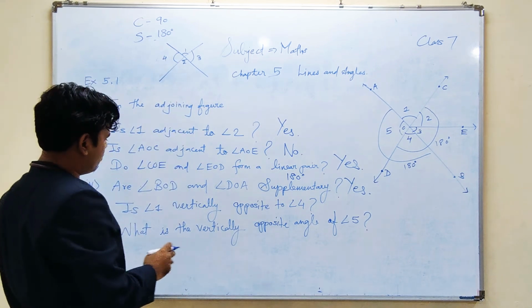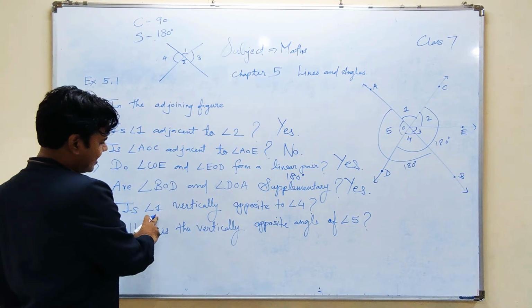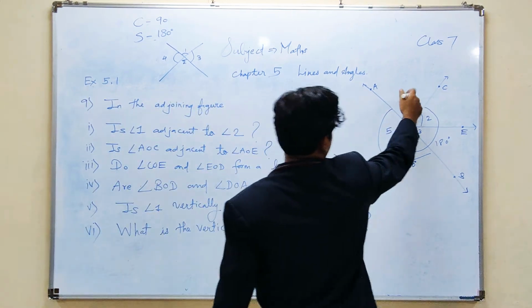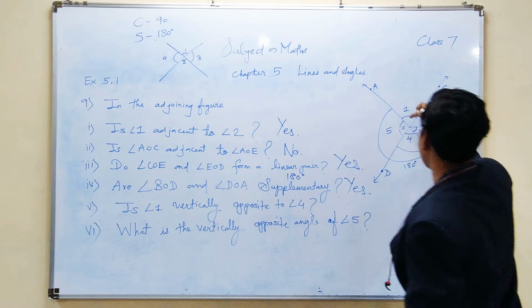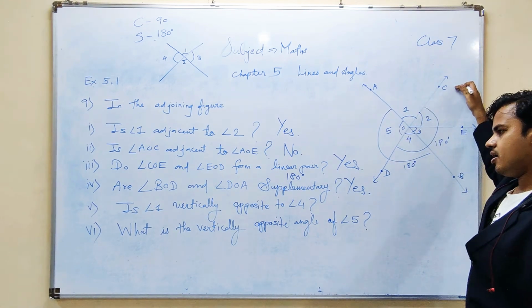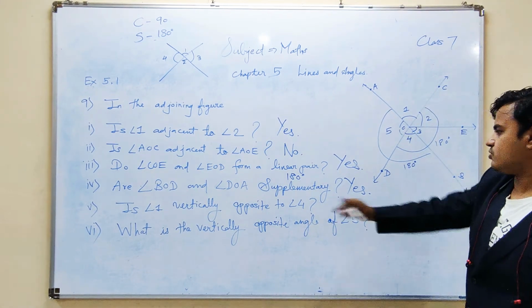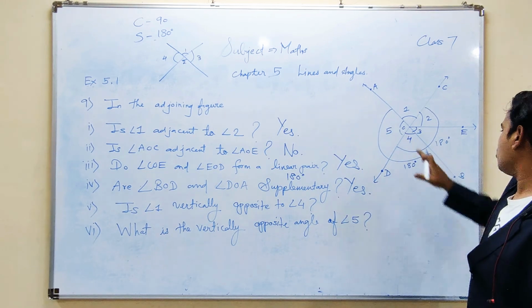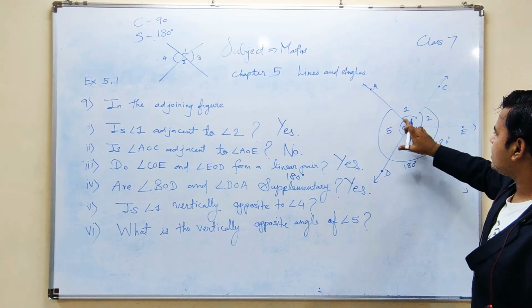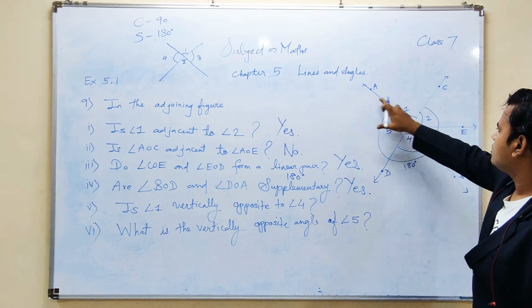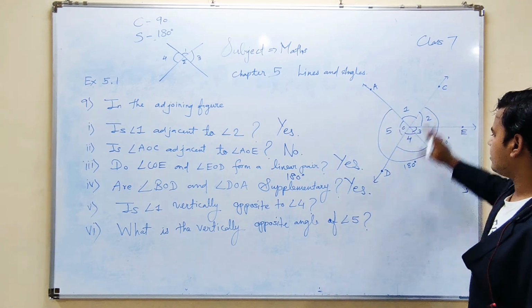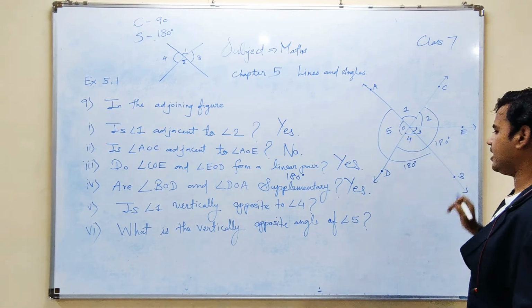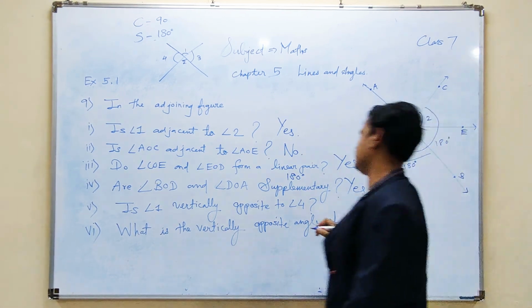Angle 1 is angle AOC. Is it vertically opposite to angle 4, angle DOB? If you see carefully, AOC is equal to DOB. So we can write yes.